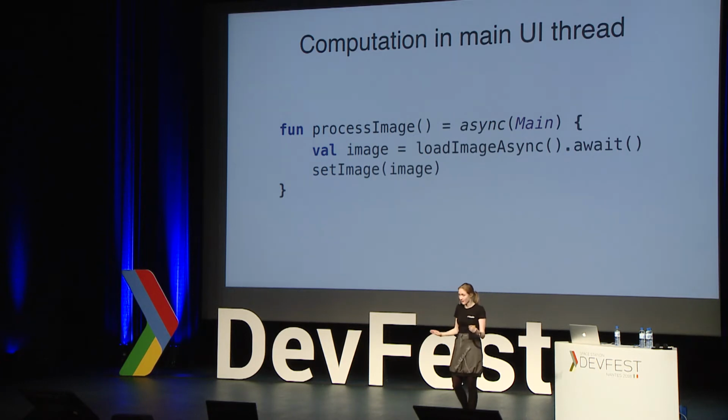This async await allows you to run something asynchronously on a different thread and then wait for its result. However, Kotlin coroutines are not only async await. You can do more things with Kotlin coroutines. And one of the most important things that you can do is define your own suspend functions.